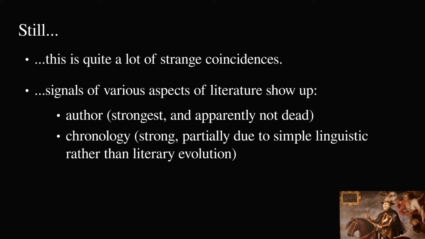There is chronology, which is strong, which in those huge networks, in the last two networks at least, can be in some way due to simple linguistic rather than literary evolution. However, remember the Dickens, the James, and especially the Gaudos diagrams. They show that this is not just linguistic, that there is a literary element there as well.